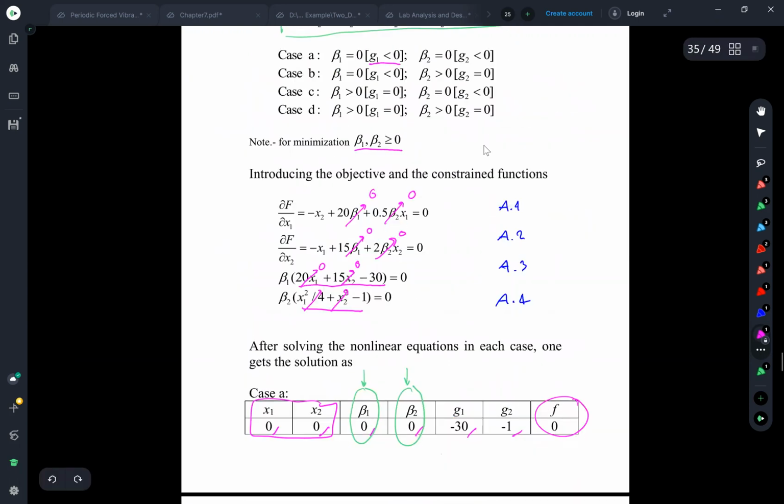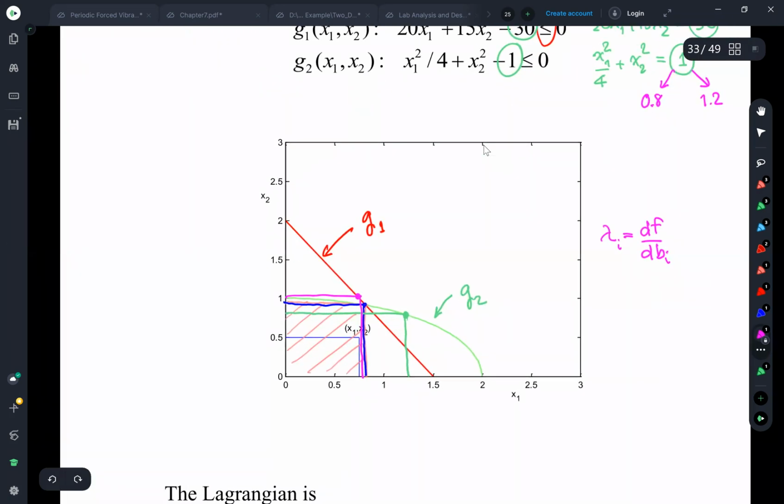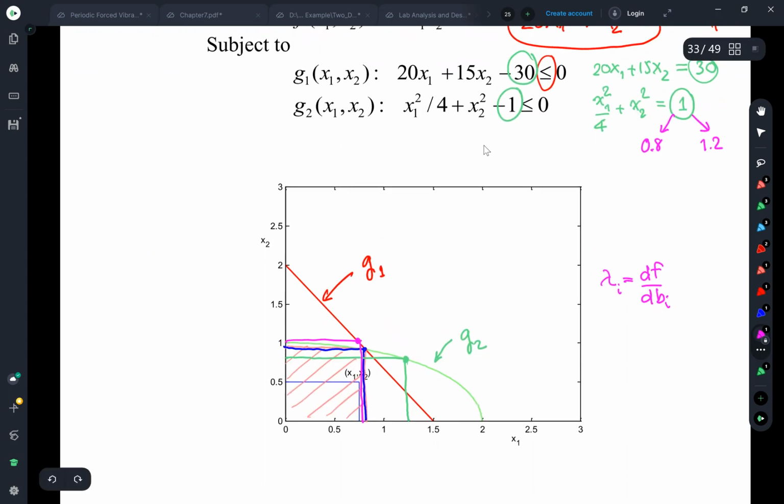Let me explain a little bit on this again so that you can follow up and have a clearer understanding. For sure, increasing B1 and B2 will increase the area. Why can I say so? You can draw the curve, you can draw the line yourself. If you change the number from 30 to 31, what's going to happen?